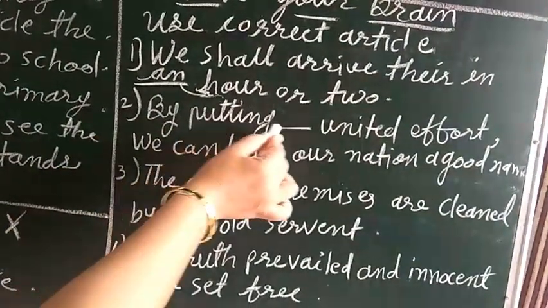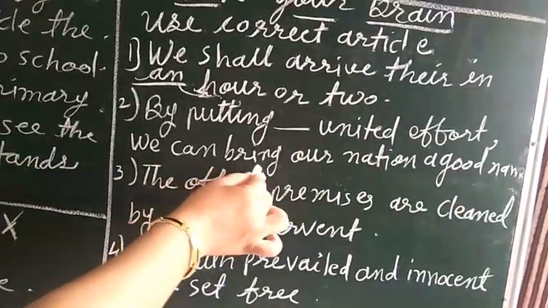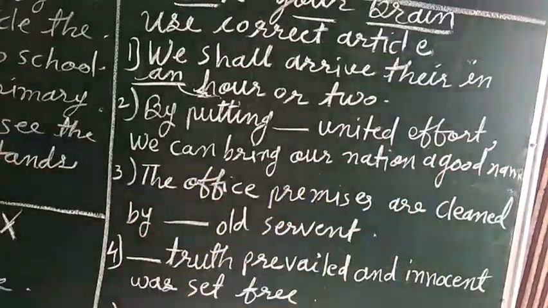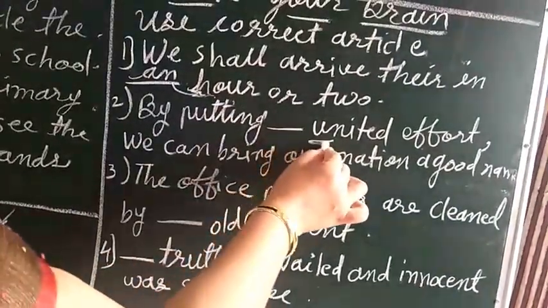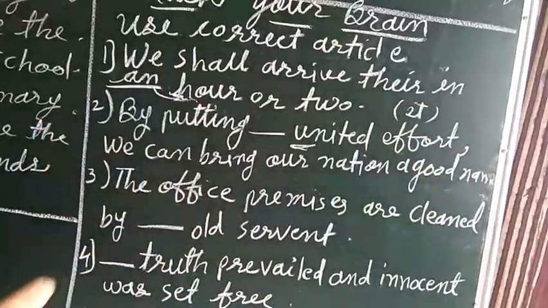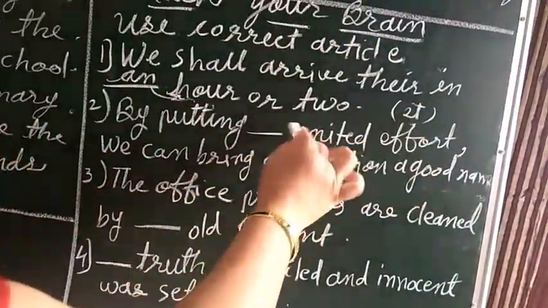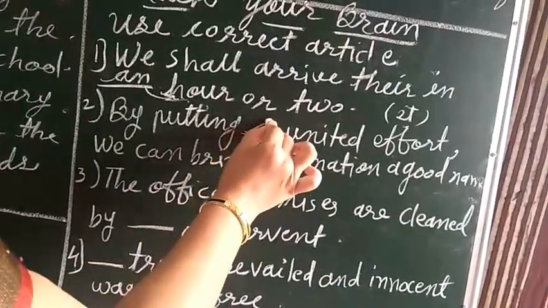Fill in the blanks: United efforts, we can bring our nation a good name. United: the sound is "y" and it is not a vowel sound. So here we have to use "a".